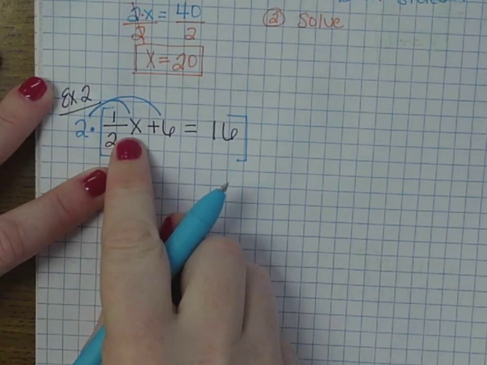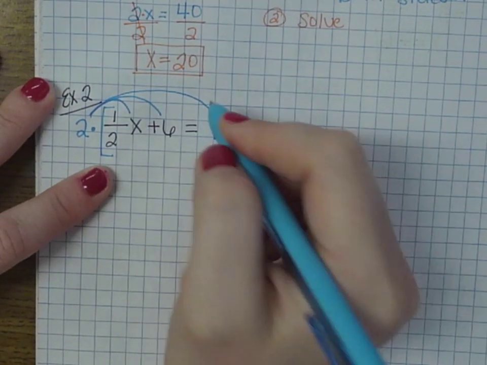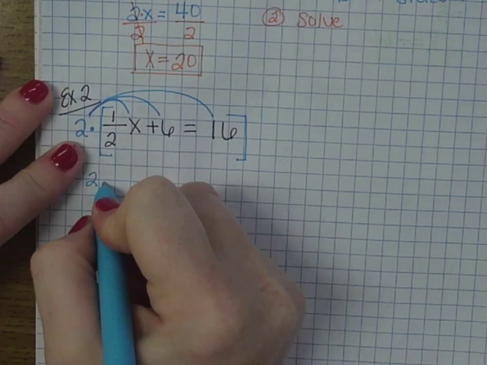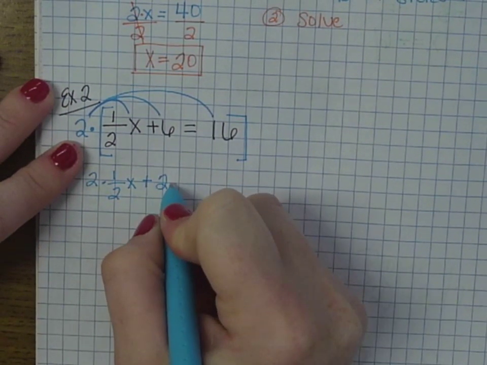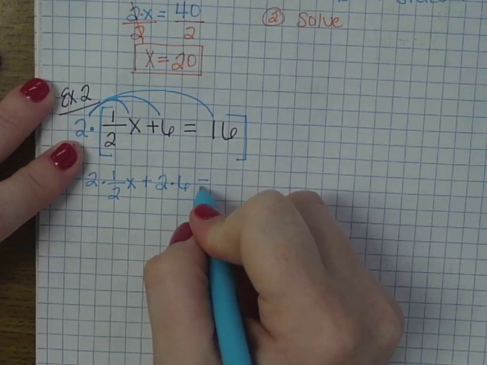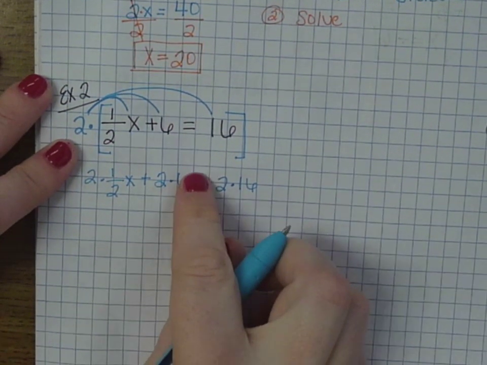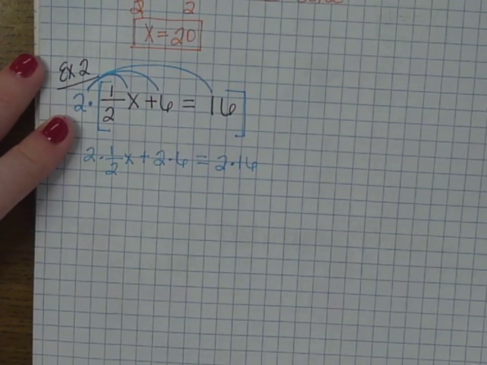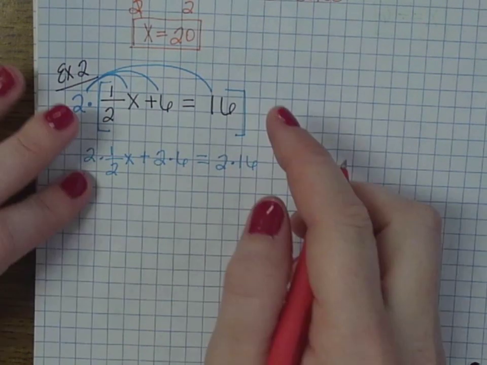Notice each term is separated by an addition sign. So then it would be 2 times 1/2 x plus 2 times 6 equals 2 times 16. You do not have to write this out. I just wanted to make sure that everybody knew 2 goes into every single part.